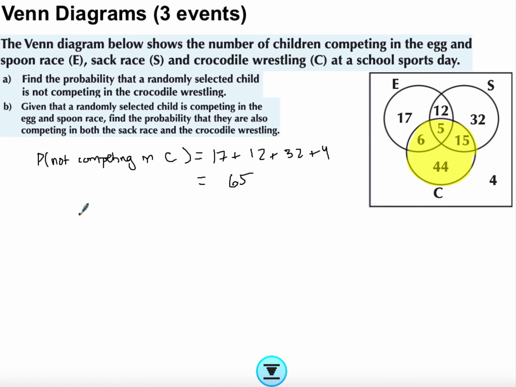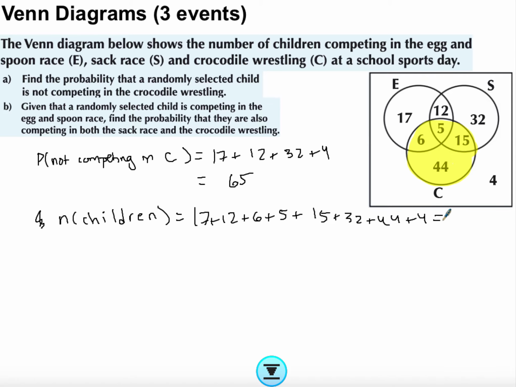But not competing out of how many in total? So you actually need to know the number of children. The number of children would just be adding up all the numbers in there. That's 15, 32, 44, and 4, and so on. So I have 135.